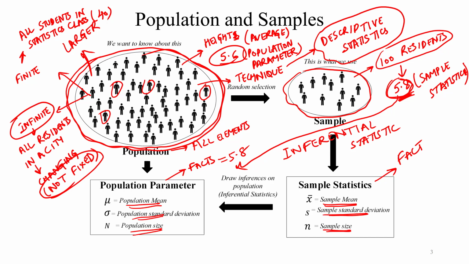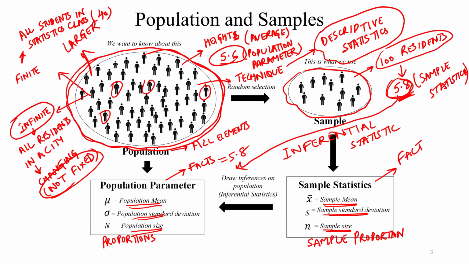We can also consider other facts like population proportions, sample proportions, mean, median, mode, and variances.